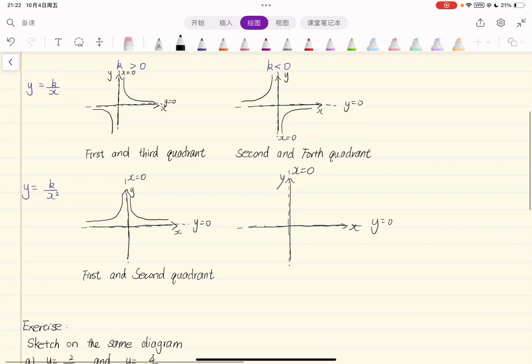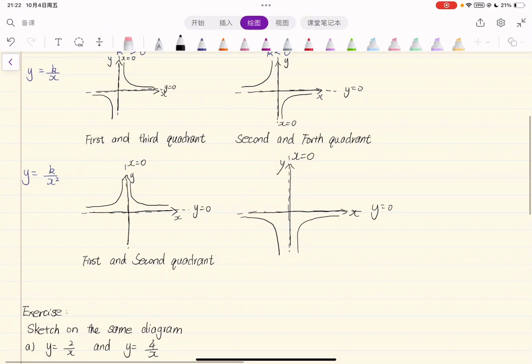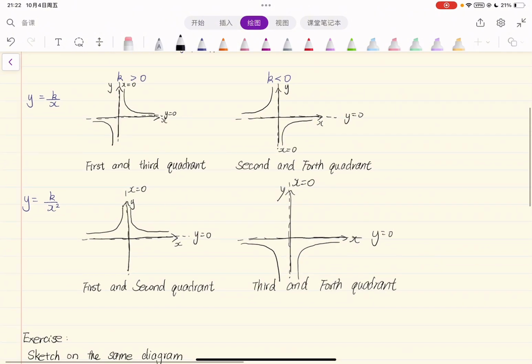If k is less than 0, the curve is in the third quadrant and the fourth quadrant.